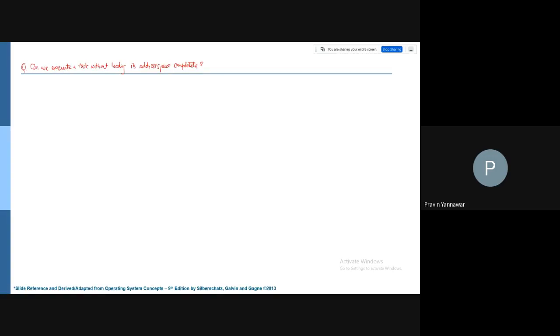What is your opinion on this? What do you think? Can we execute a task without loading an address space completely onto memory?